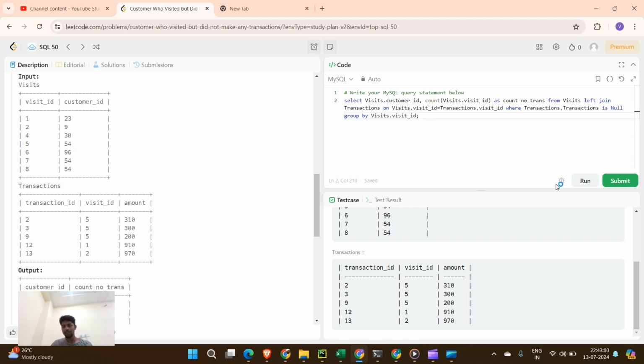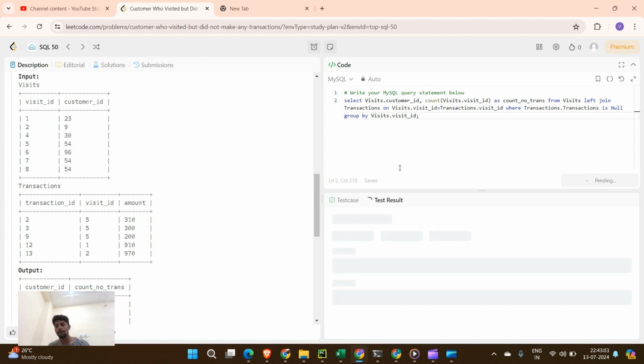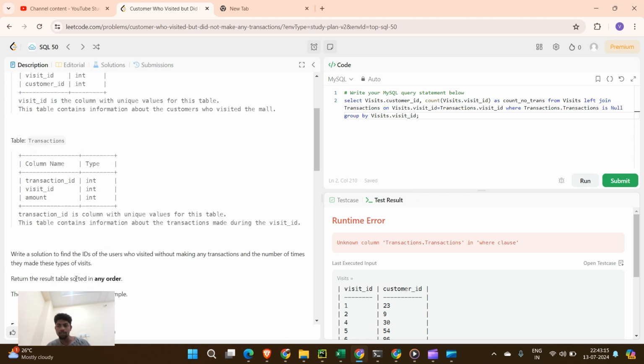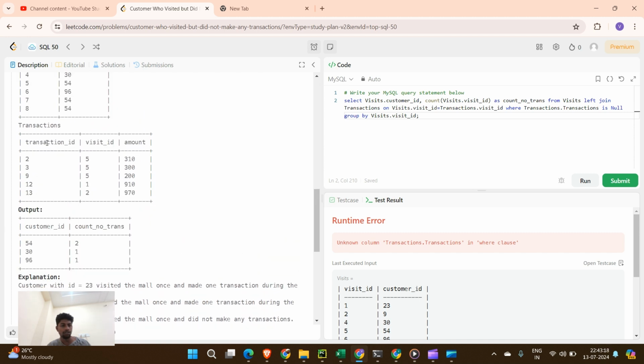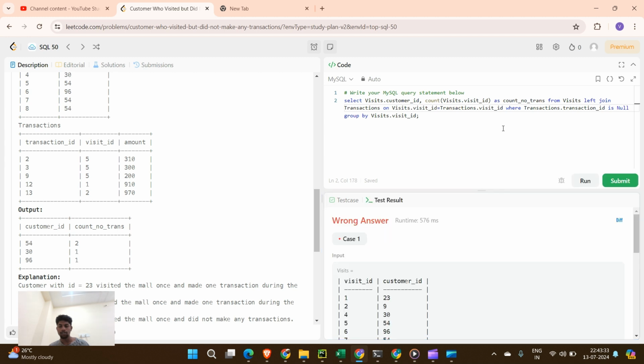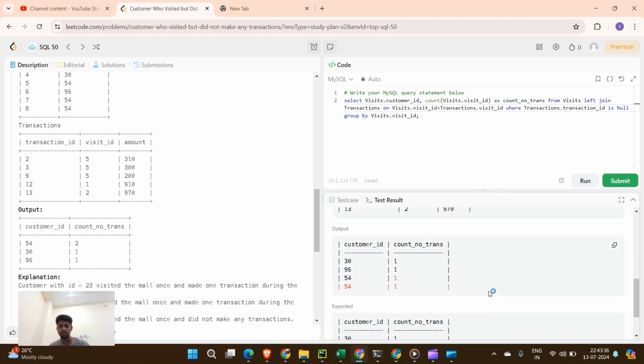Okay, let's see whether it's successful or not. I made a mistake here, it's transactions dot transaction ID, right? Let's run this. This one is a bit tricky, it's not straightforward.